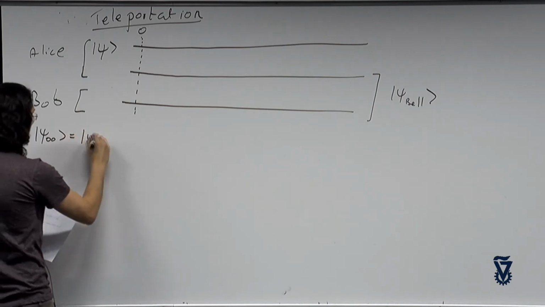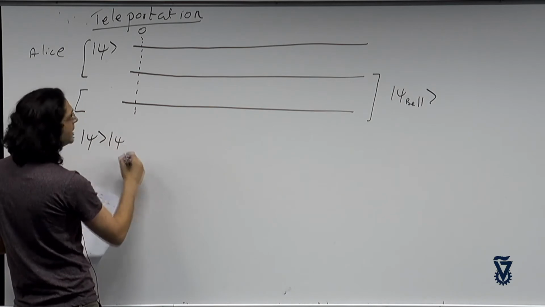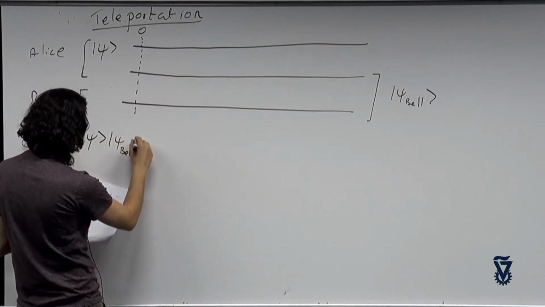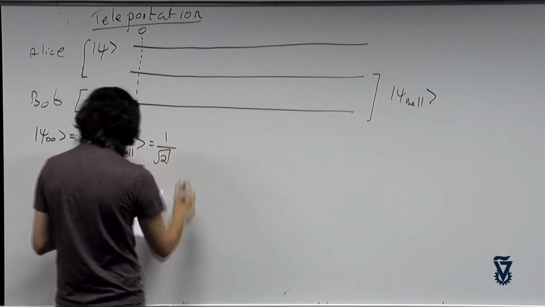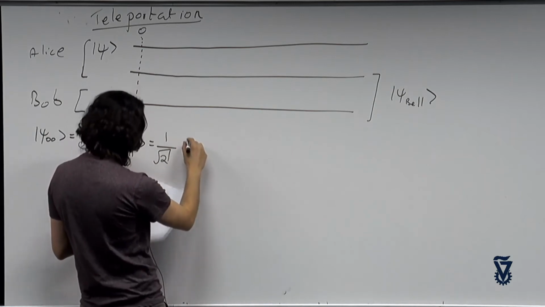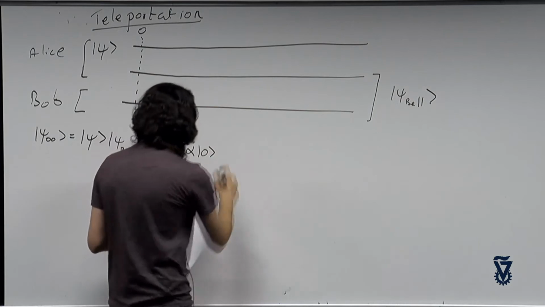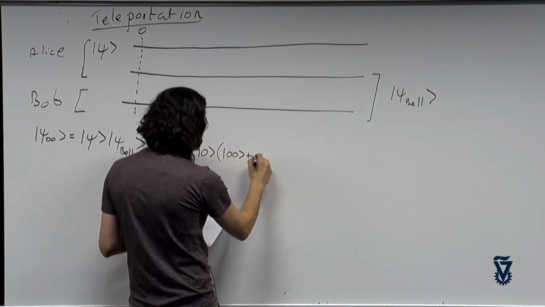This is just psi and psi Bell, basically, which is 1 over square root of 2, alpha 0, (00 plus 11).